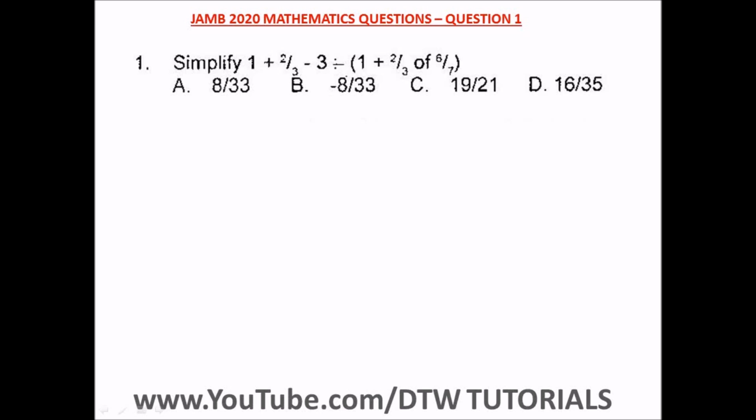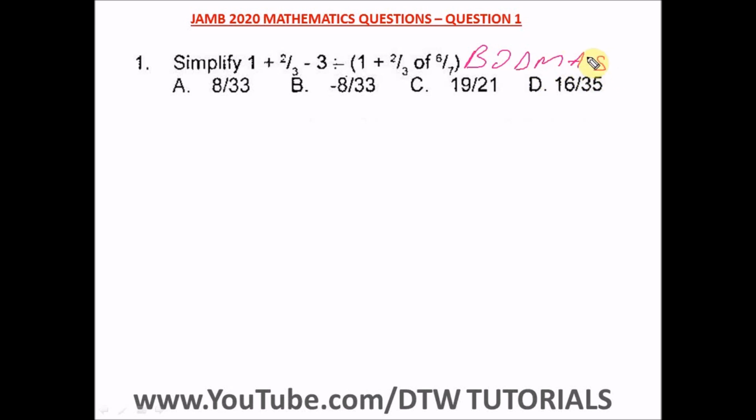So this is our question number 1 that says we should simplify 1 plus 2 over 3 minus 3 divided by bracket open 1 plus 2 over 3 of 6 over 7 bracket. If you recall our basic foundation in maths, we have a terminology termed BODMAS.